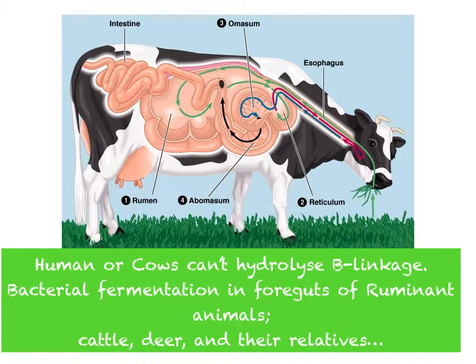This is the only way of digesting these cellulose structures. In humans, we cannot do that, and we don't have these bacteria. So all this cellulose is doing for us is supplying us with fibers, which have certain good functions. Later on, we'll talk about that.